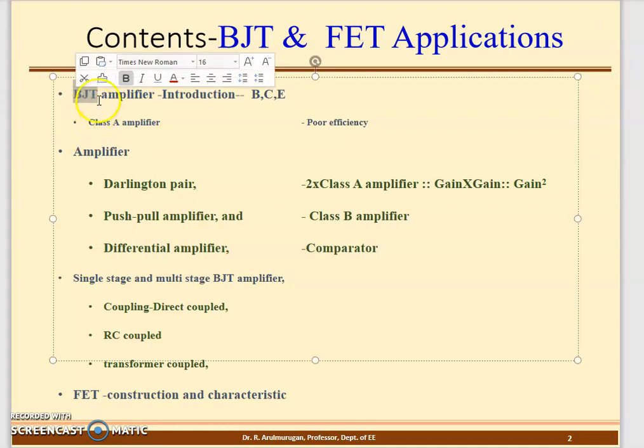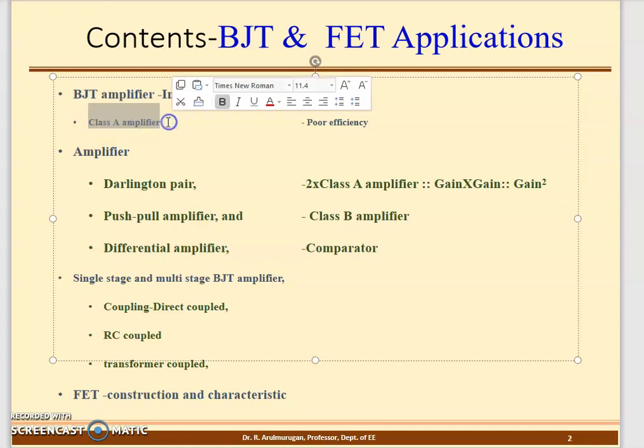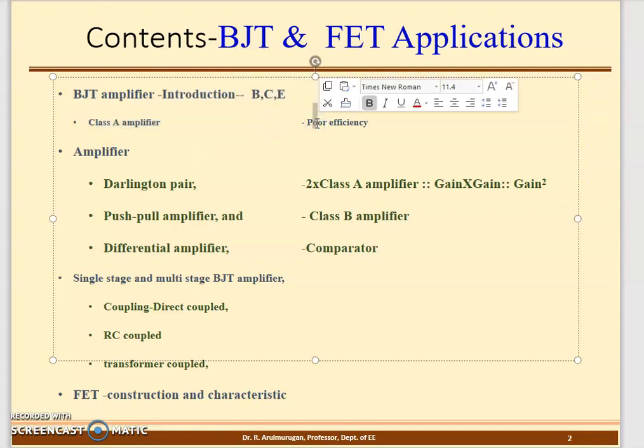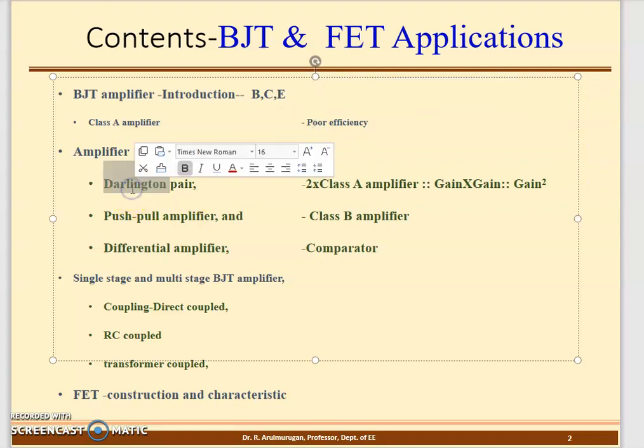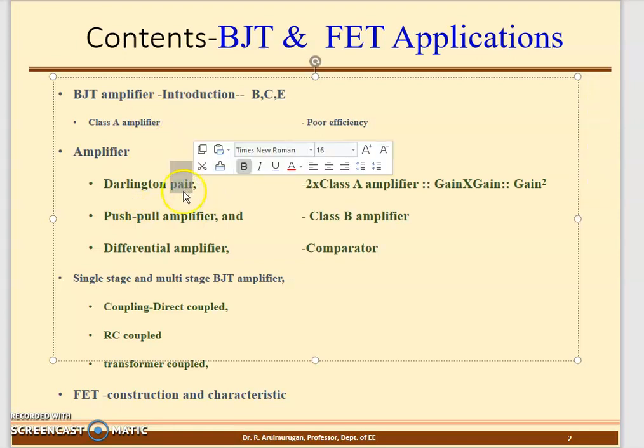The BJT also amplifies. The class A amplifier amplifies, yes, but it has poor efficiency, and I want to increase the efficiency. Increasing the efficiency means you can get married. When one person is paired, two members take care of the family.